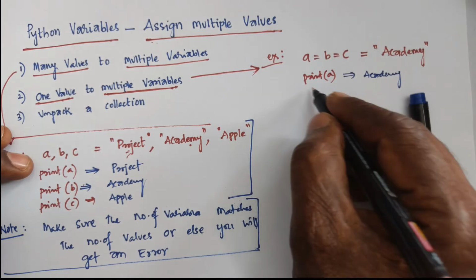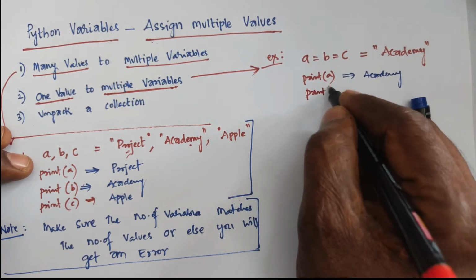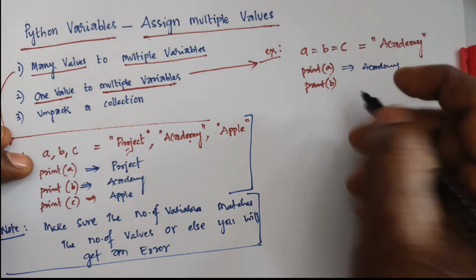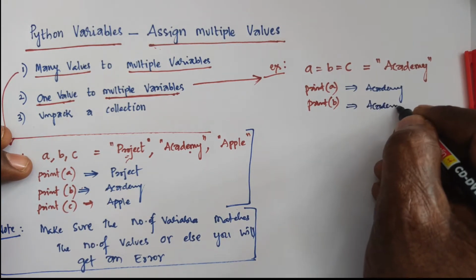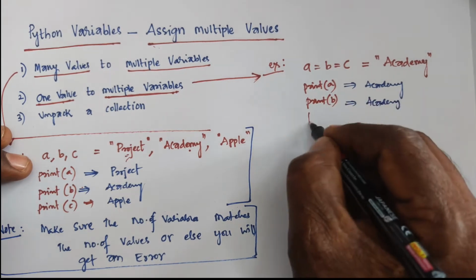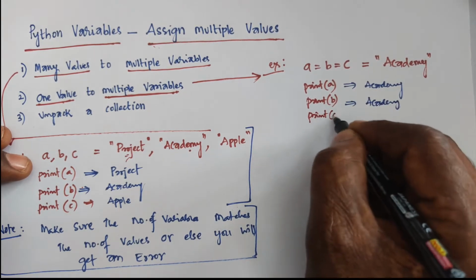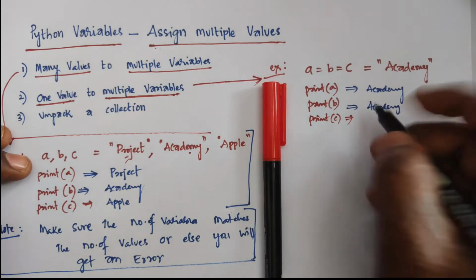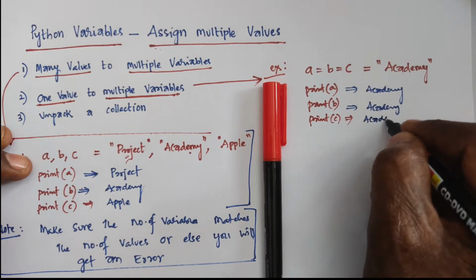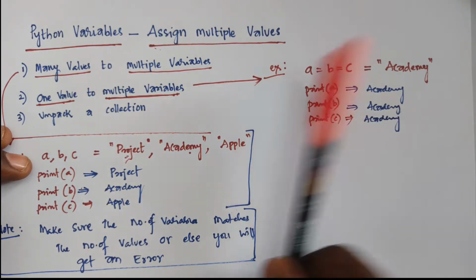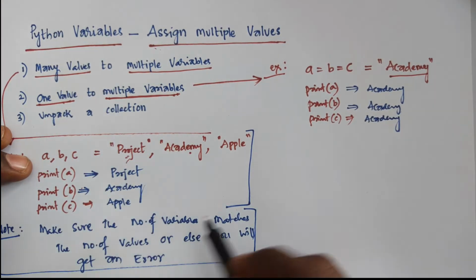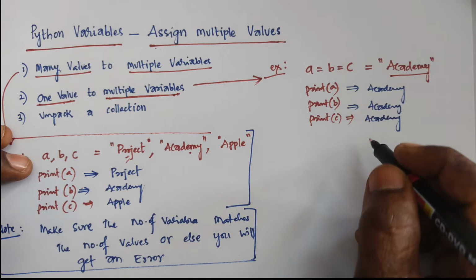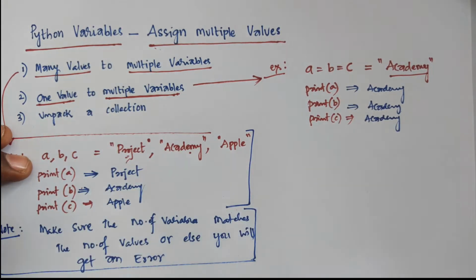Next, print of b, you will get the result: academy. Next, if you write print c, you will get the result: academy. So, what is the meaning of this? We are sending one value to multiple variables. This is the example for one value to multiple variables.